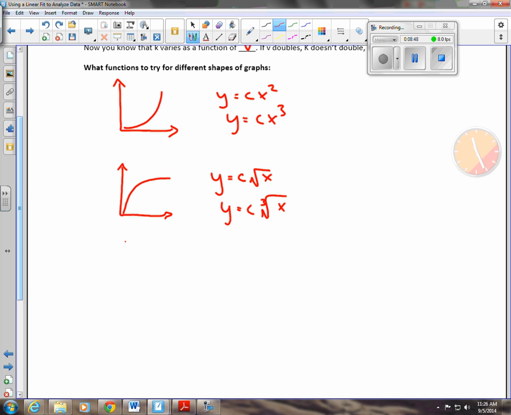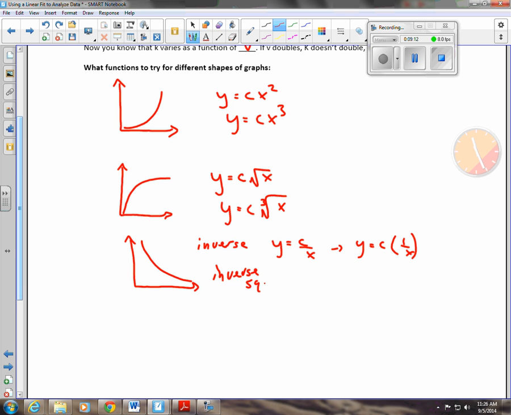And then the last thing is, if it goes down like this, it's inverse, so it's y equals c over x, or I'm going to graph it like this, y equals constant times 1 over x. Or, it might be an inverse squared, which would be y equals c over x squared, y is c times 1 over x squared.